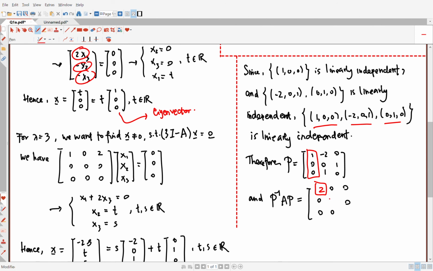For this it is the eigenvalue of this vector, so it is 3 here, and same thing here will be 3. You can check this.